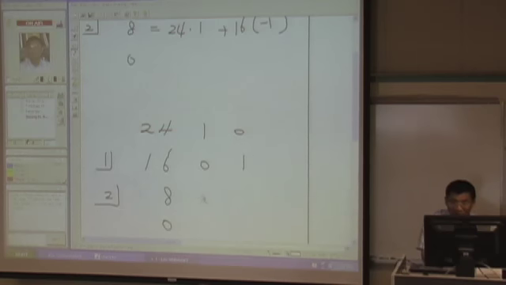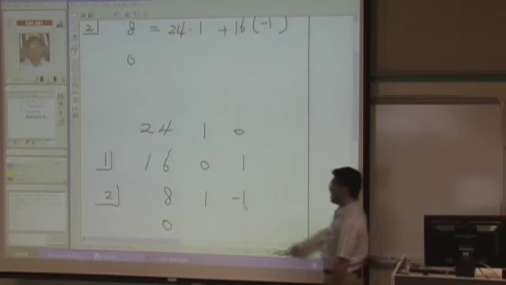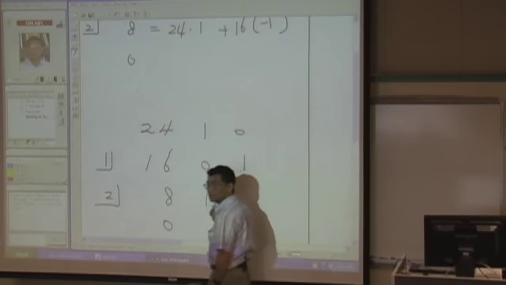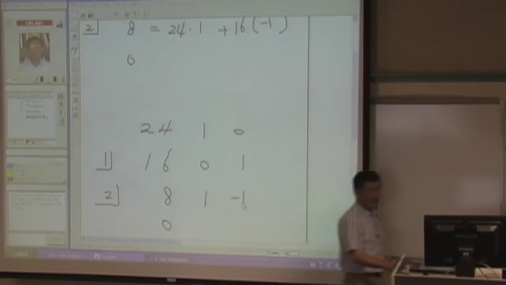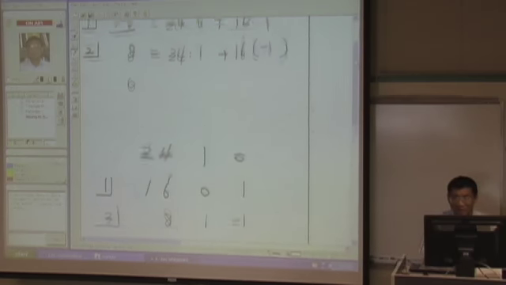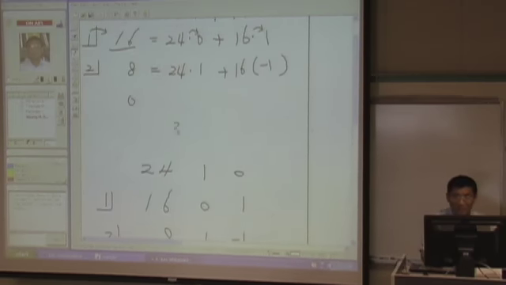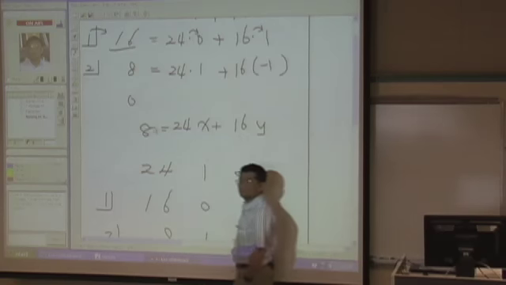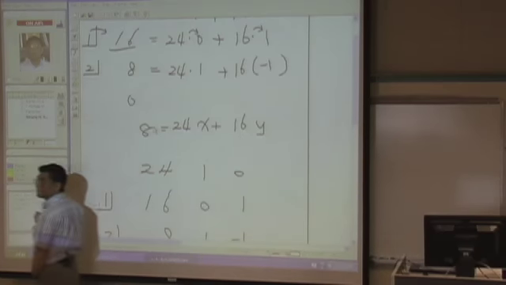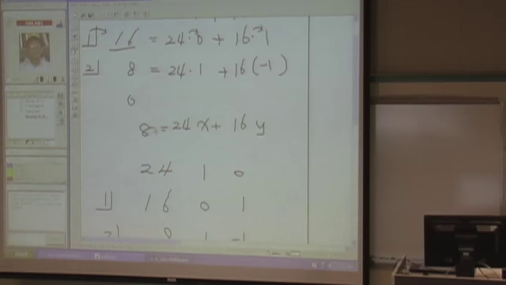This pair. And then we get 1, and then we get negative 1. Then we have found these numbers, and then these are the solution to the Diophantine equation 24 times x plus 16 times y equals 8. So the Diophantine equation can be solved by this simple idea.